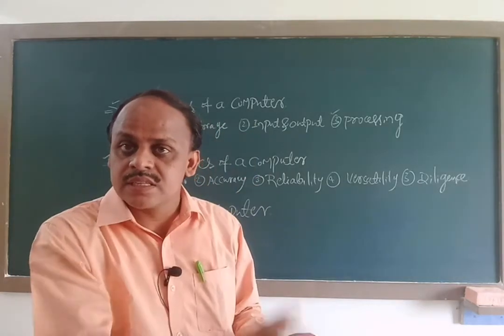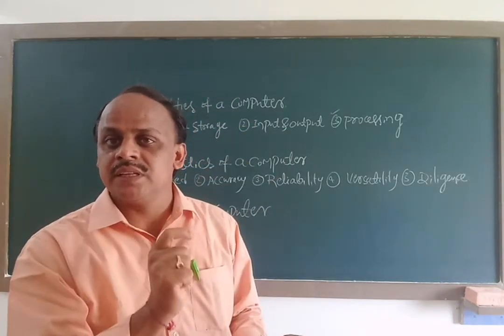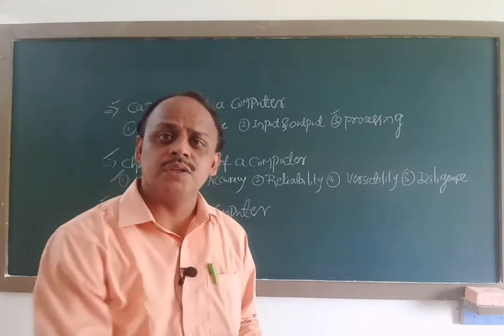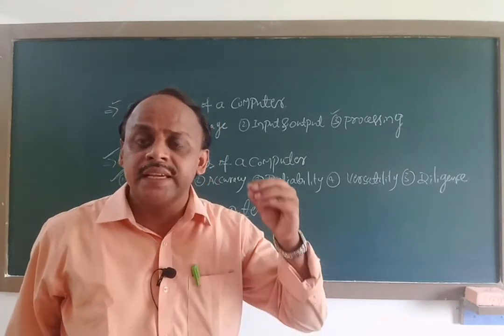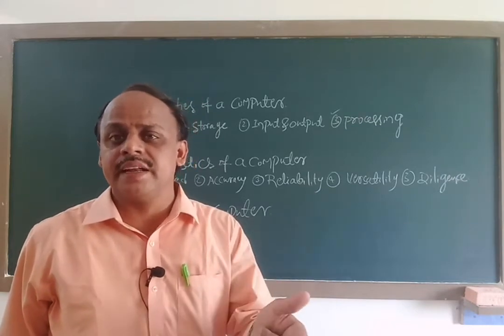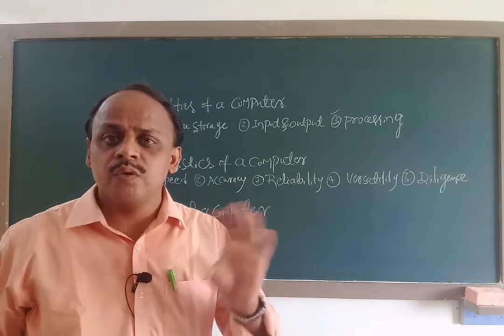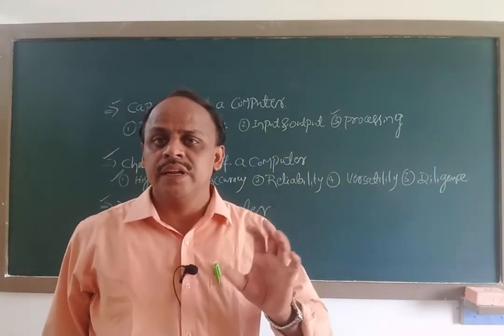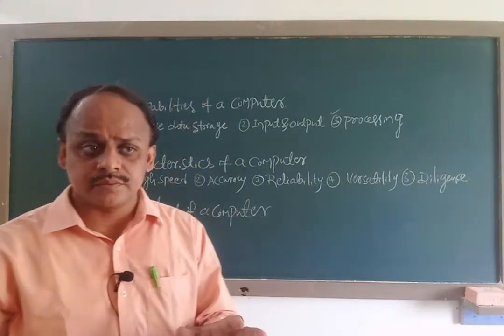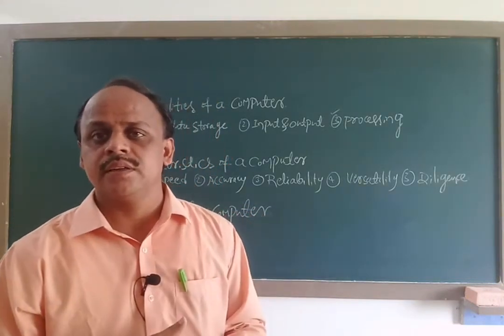If the instructions are very clear and right, you can execute the program any number of times and within a fraction of a second it gives the correct result. There is no variation or fault in producing the result.